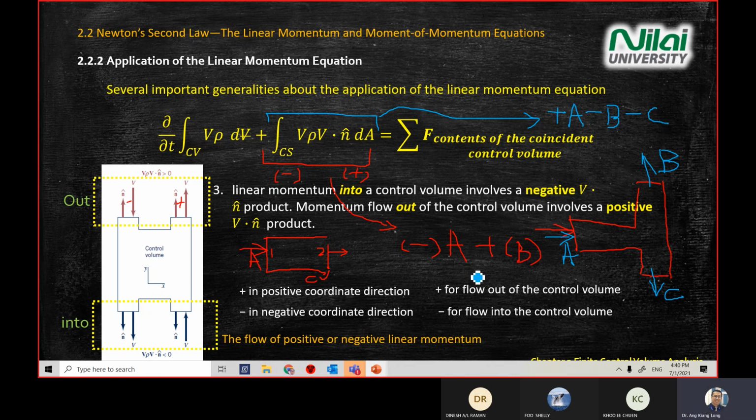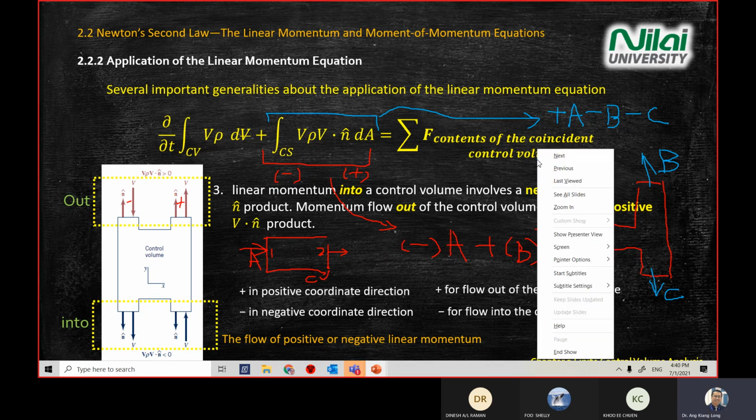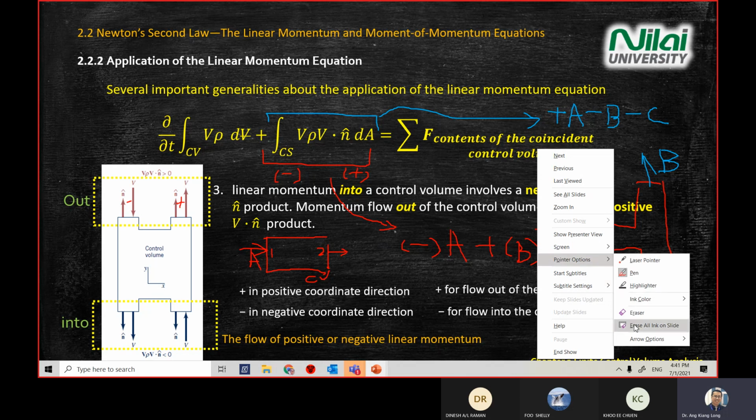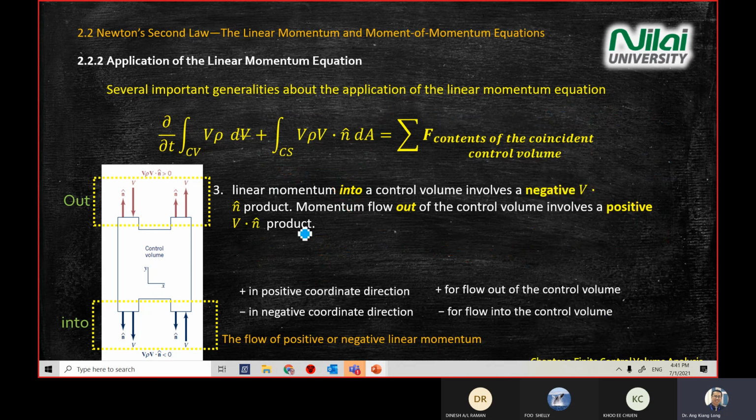So expect to get this kind of answer when you come to your answer sheet later on. Okay, I've finished explaining statement number 3.